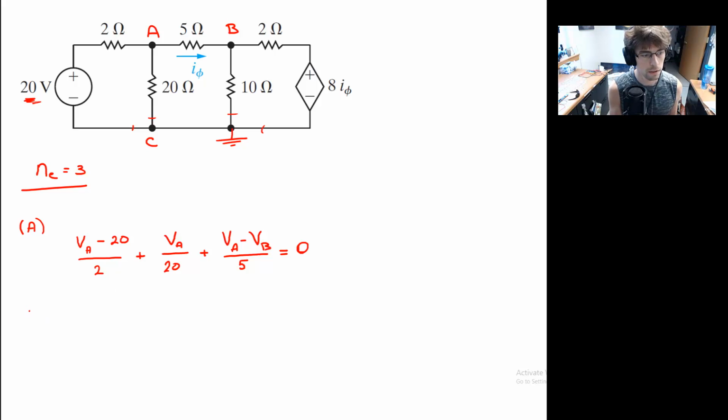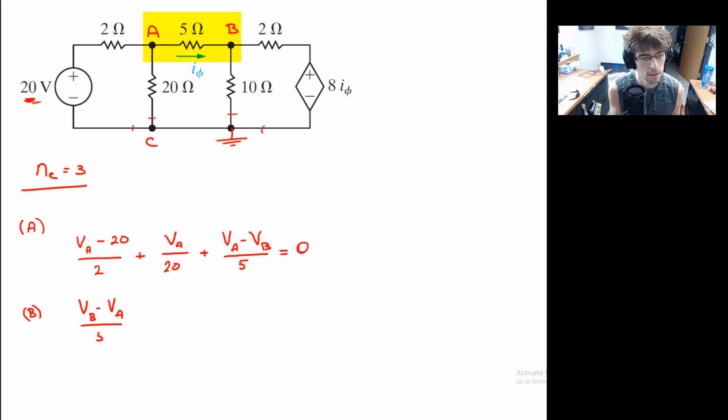Node B, as in boy. Even though we have a dependent supply, let's apply node voltage like we would for any other situation, and we'll take care of that dependent supply in a moment. If I consider this left branch, I have VB minus VA over 5.